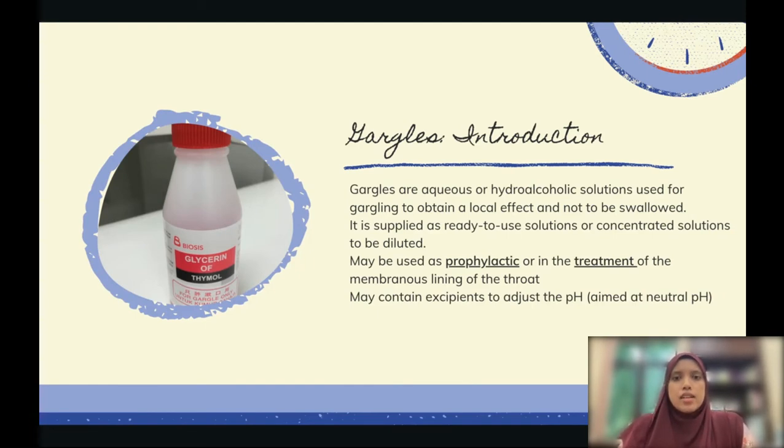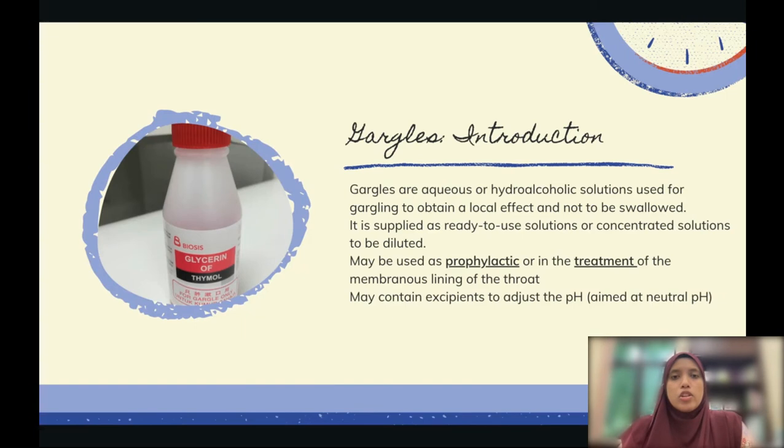Gargles may be used as prophylactic or in the treatment of the membranous lining of the throat. When we hear the word gargle, it means that it is used for the treatment of the throat most of the time. It may also contain excipients to adjust the pH, and we should aim at a neutral pH.